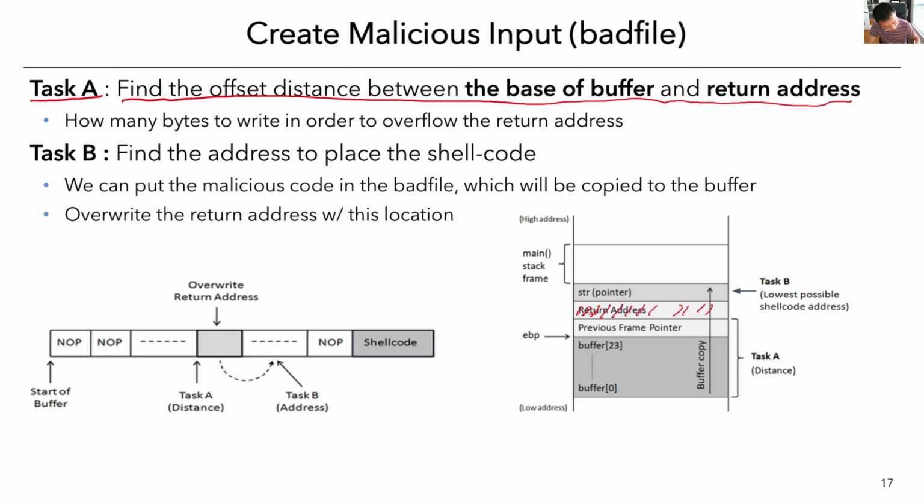We need to know the distance here, or the offset. In task B, we need to find the address of the shellcode. Okay?